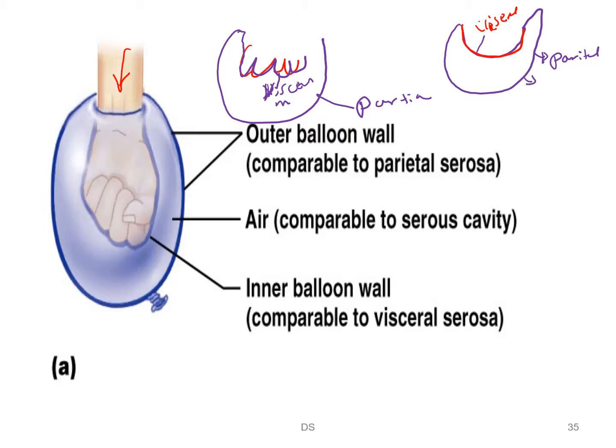There are two types of membrane: visceral membrane and the parietal membrane. The visceral membrane encircles the organs. Viscera means organs. The parietal covers the wall.